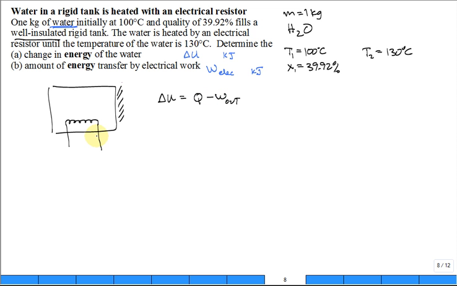But we know that electric energy in, this is my control mass, that's my system. It's enclosing the water, right? What cuts across the boundary right here and right there? Two electric wires. One is high voltage, one is low voltage. The current through them is the same. And so we know the electric power is the voltage difference times the current flow.